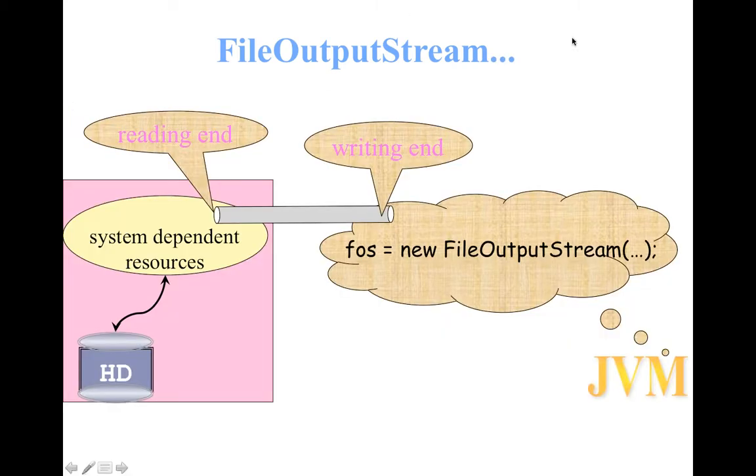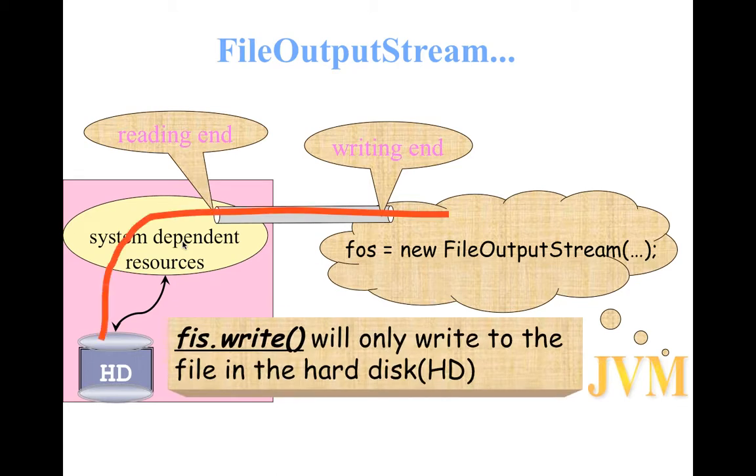Then what is happening here? It's reading from this end and writing onto this end. So when you write it, this is where it is being read. Whereas with input stream, we were able to read it here. So the JVM, through this channel, through this stream, can write here, and it can be read from here on the actual file.